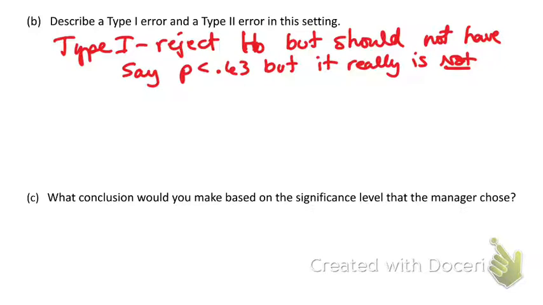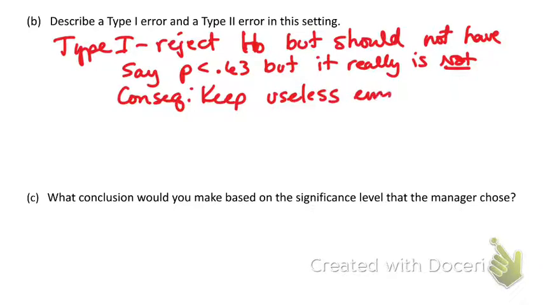We're paying an unnecessary, we're paying a useless employee. So the consequence here is we keep a useless employee. Now that's pretty sad, isn't it? Unless you're the useless employee that's getting paid to do a lot of nothing. But that's kind of sad.